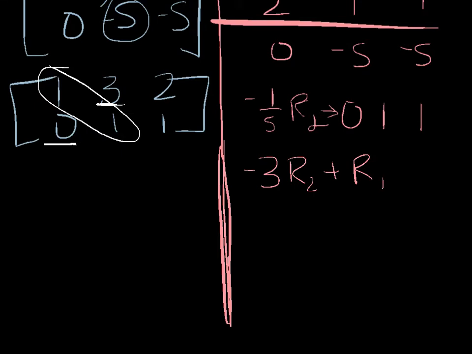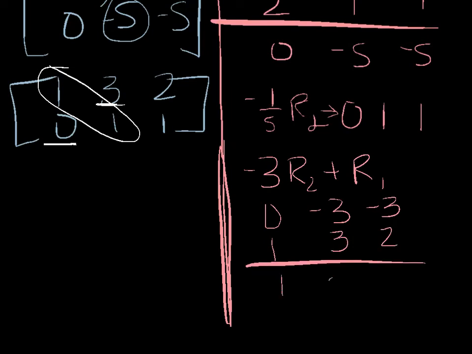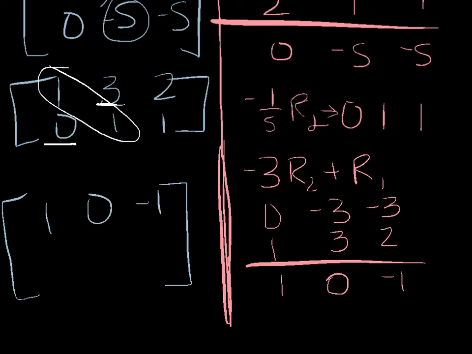So -3 times row 2 is going to be 0, -3, -3. Row 1 is 1, 3, and 2. Okay, so I have 1, 0, and -1 when I add those together. This is going to replace row 1. So now I have 1, 0, -1, and 0, 1, 1.